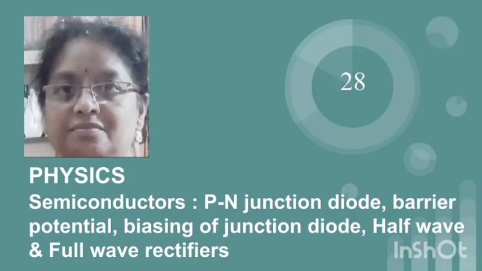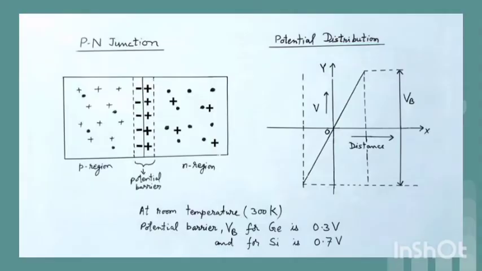Hello students. In the last lesson we considered the PN junction diode and also how it is made. We also discussed that in the P region of a PN junction diode, holes are majority carriers and electrons are minority carriers, while in the N region the electrons are majority carriers and holes are minority carriers.